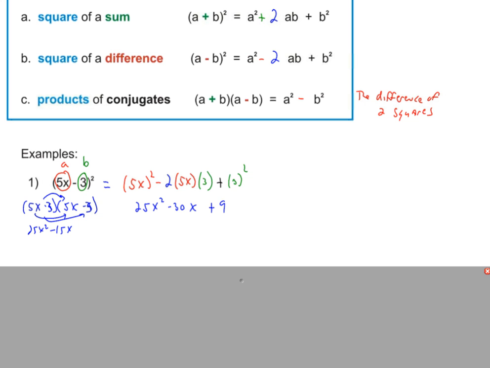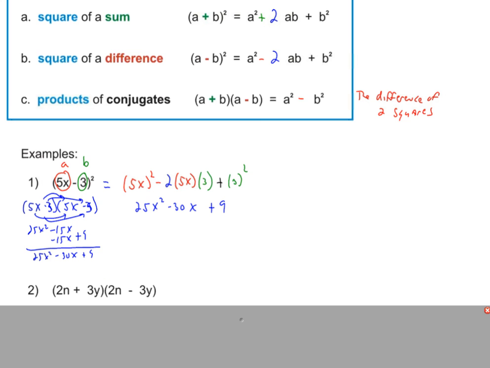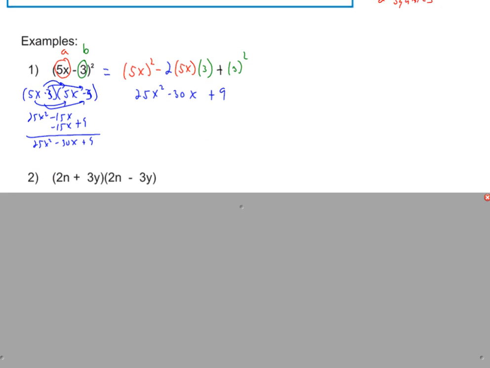A negative 3 times a 5x is a negative 15x, and a negative 3 times a negative 3 is a positive 9. Final answer, 25x squared minus 30x plus 9. So you get there either way. You could just distribute if you don't remember the pattern.